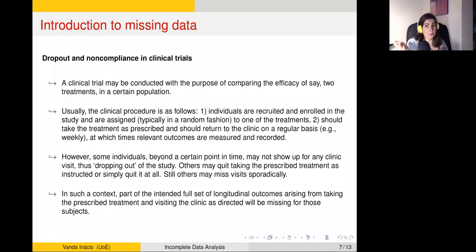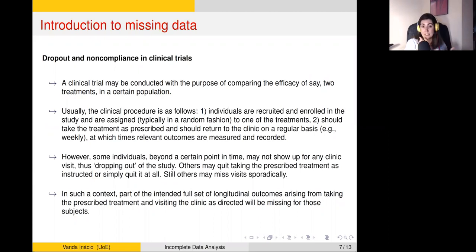In the case of the blood pressure example, the natural outcome would be to measure and to record the blood pressure of the participants. And ideally, at the end, we would have a file where we have for each participant, at the different time points, the recorded blood pressure, and whether the participant was assigned to drug A or to drug B.